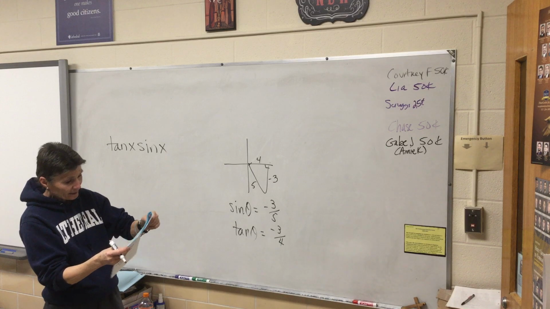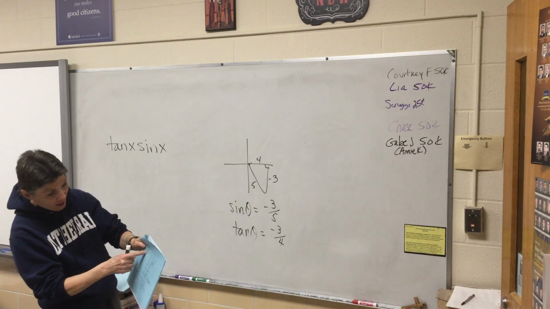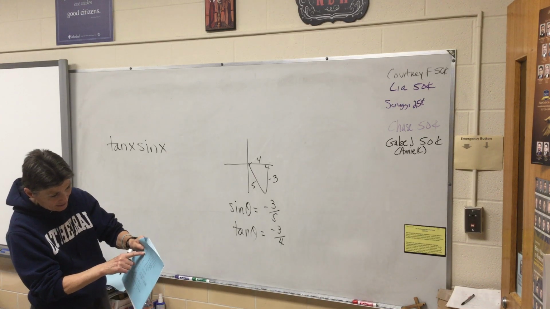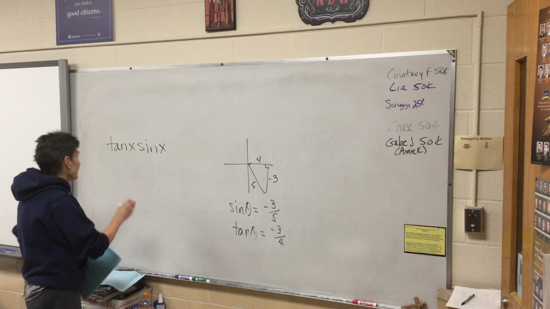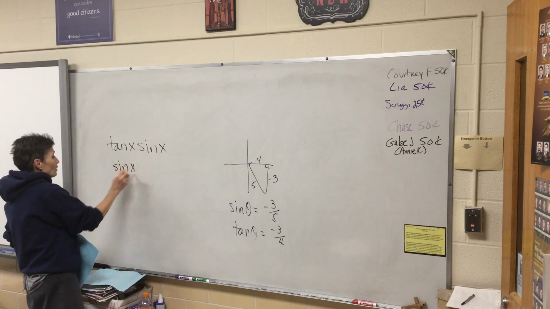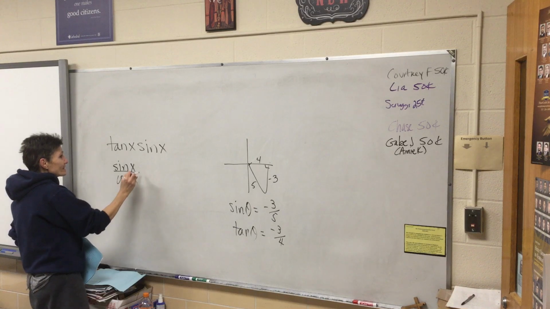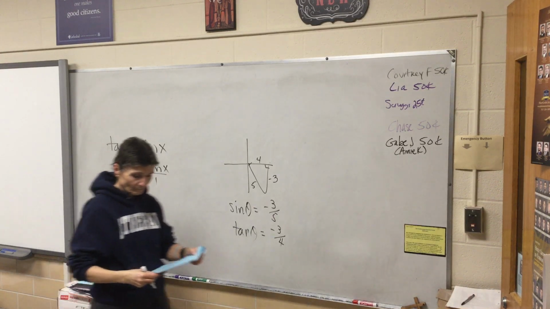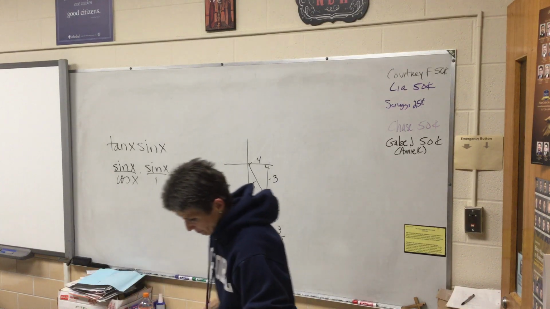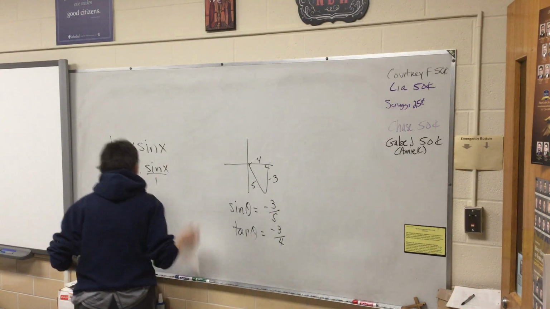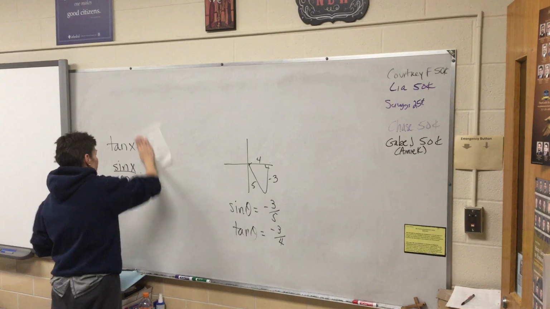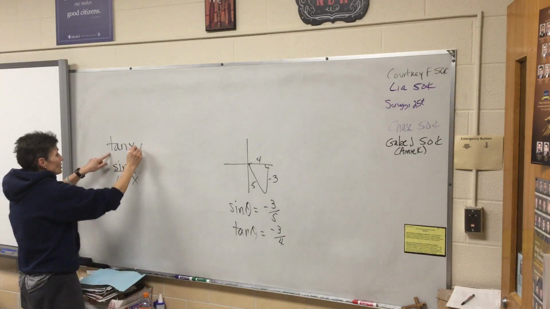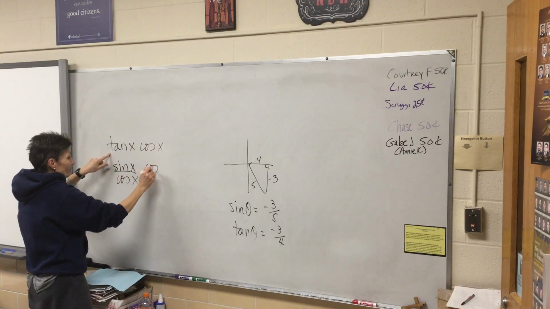But look at the very first column there. Tangent is sine over cosine. So I'm going to replace tangent with sine over cosine. Oh, wait a minute, that's not sine, that's cosine. I copied it wrong. Tangent times cosine is the problem, okay.